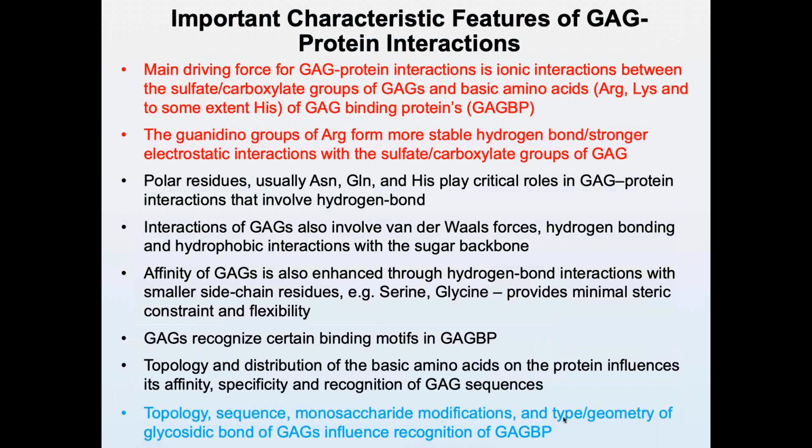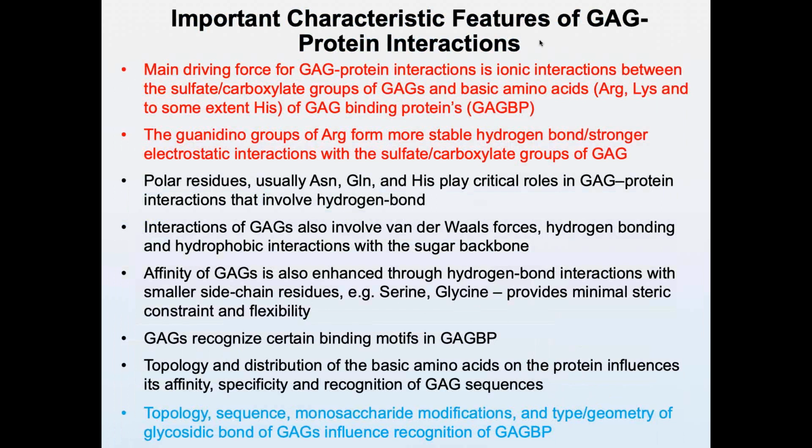So first, let's take a look at some of the important characteristic features of GAG protein interactions. First, as I pointed out, most GAGs contain carboxylate and sulfate group, which are the driving force for the interaction with these GAG binding proteins. The GAG binding proteins, most of them also contain what?